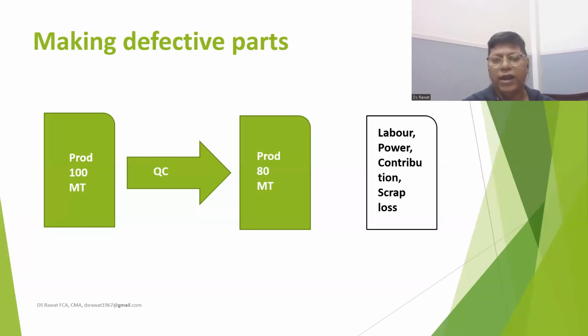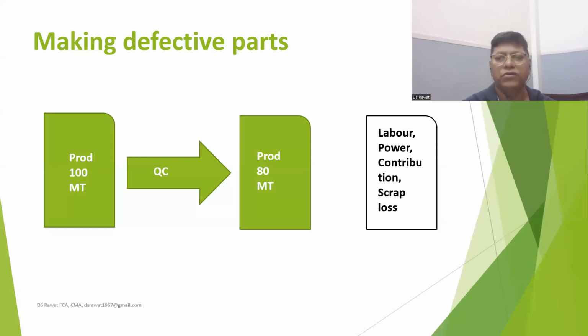If we allocate it on 100 rupees, then it costs 7 rupees per kg. And if we allocate on 80 rupees, then it will not be 7 rupees. It will be more than 7 rupees. Or we can say, even on this wastage, we have incurred the power cost, which we have to consider as a waste. Because customer cannot be loaded with this extra power cost due to the waste.